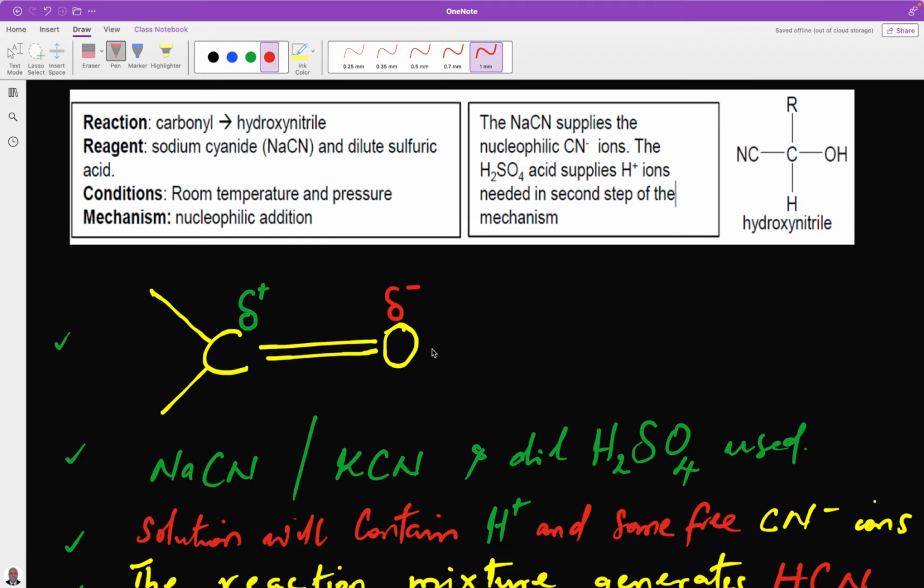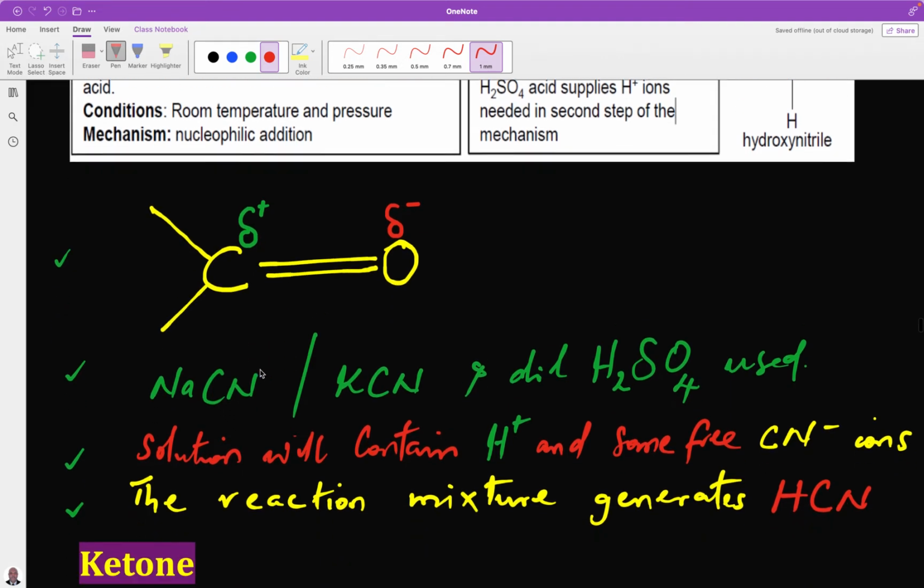You see the carbon double bond oxygen. Because of the difference in electronegativity between carbon and oxygen, oxygen will carry a partial negative charge, while carbon will carry a partial positive charge.